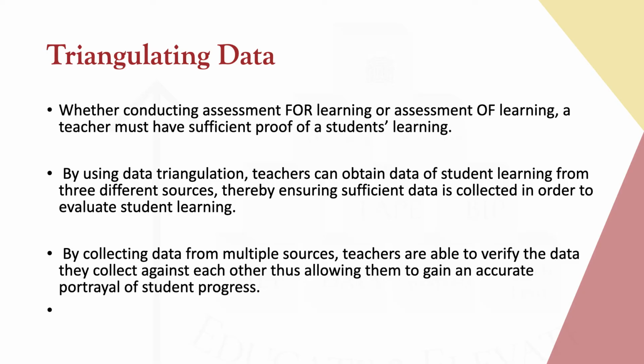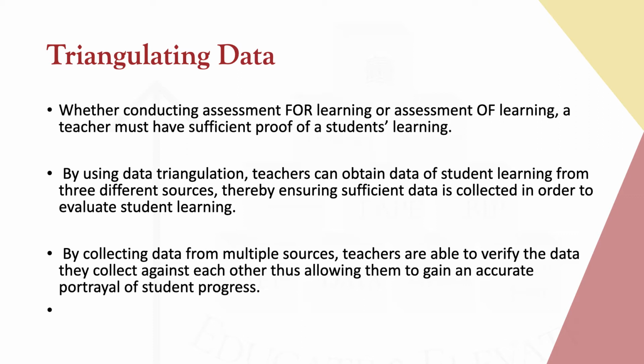In considering the use of multiple measures, it's important to consider the principle of triangulation. Triangulation is simply the process of using at least 3 points of data when making educational decisions. Any single interim assessment score is subject to environmental or motivational influences which can affect its accuracy. Whether conducting assessment for learning or assessment of learning, a teacher must have sufficient proof of a student's learning.